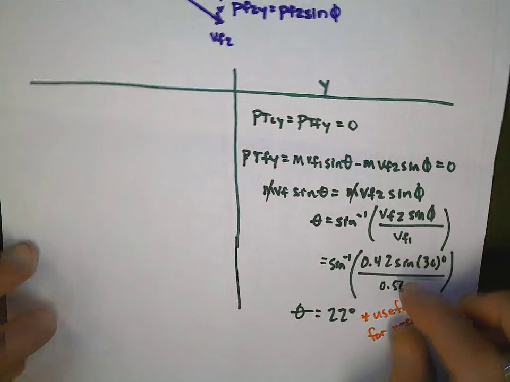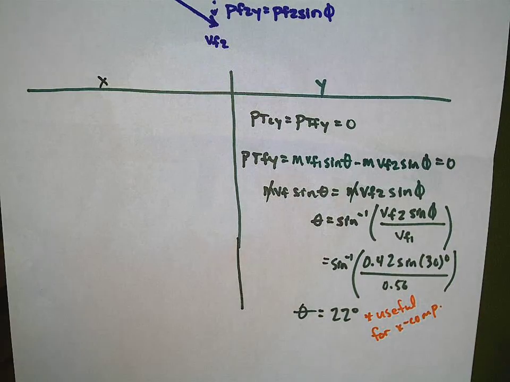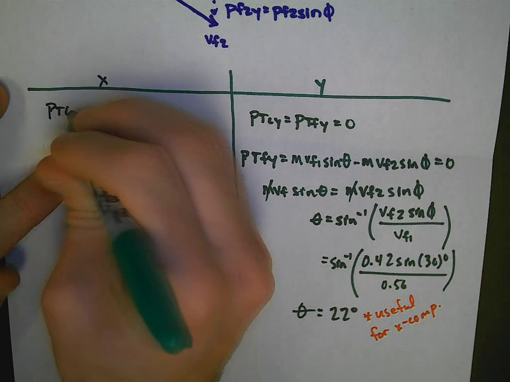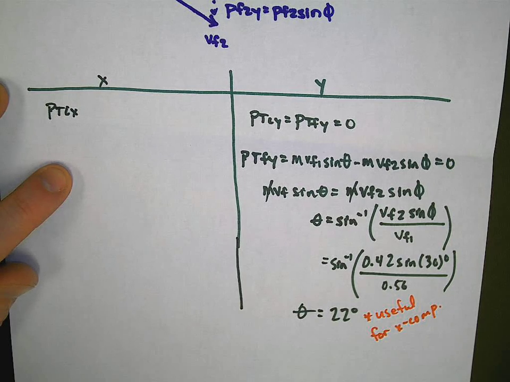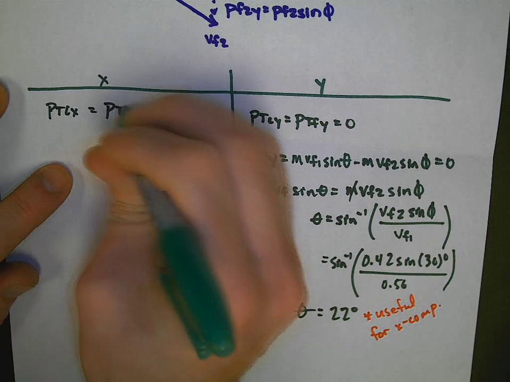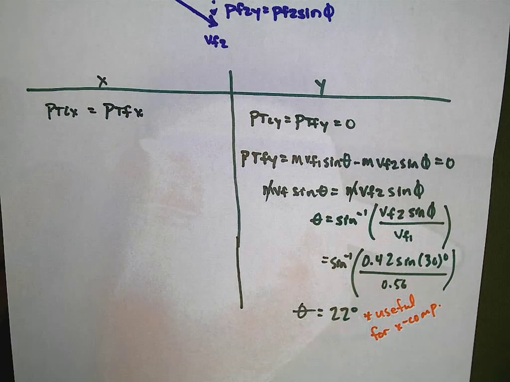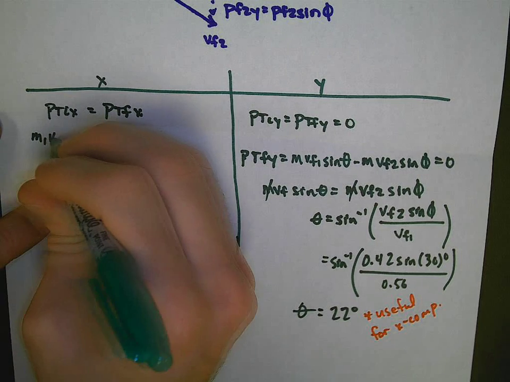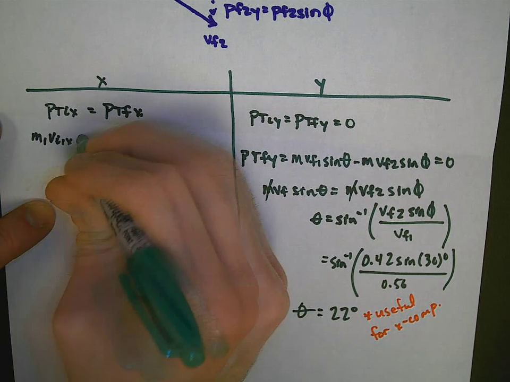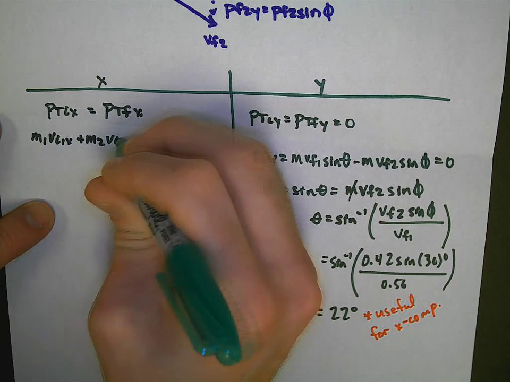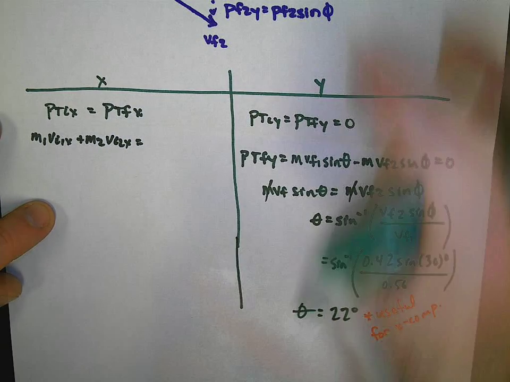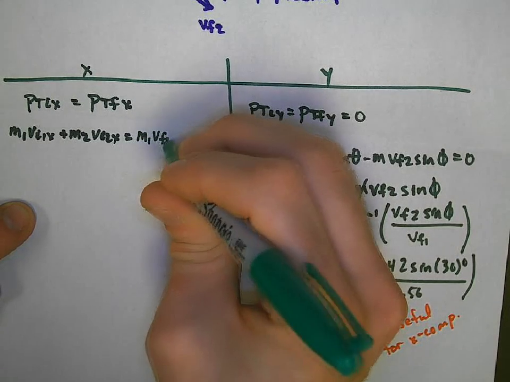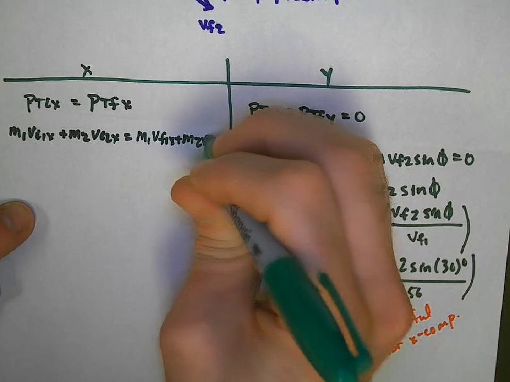When I look at my x components, very similar to the conservation of momentum, our total initial momentum in the x direction will be equal to our total final momentum in the x direction. So that tells us that m1 vi1x plus m2 vi2x will be equal to m1 vf1x plus m2 vf2x.